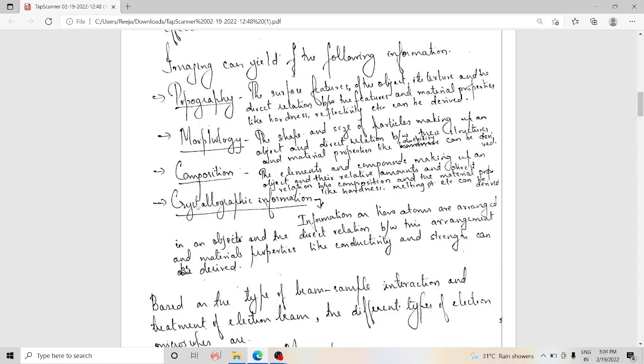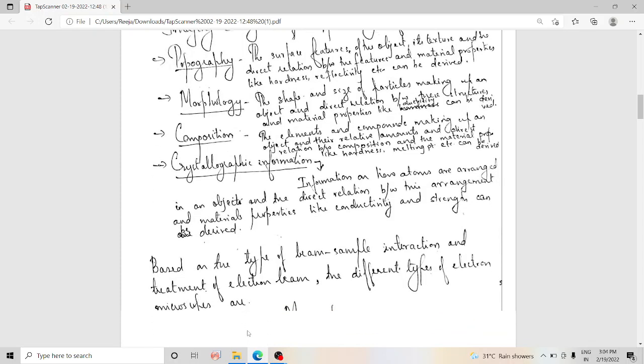Such an imaging technique can also give, to some extent, crystallographic information. So we can know mainly about the topography and morphology, and if the electron microscope is used in conjunction with an energy dispersive X-ray spectrometer, then you can know about the composition also.